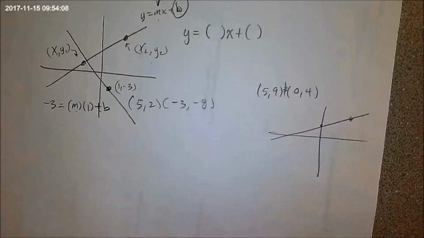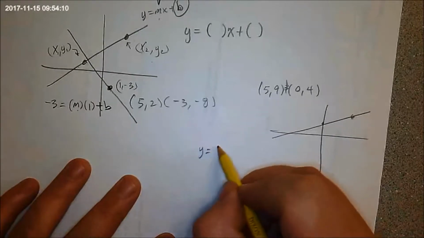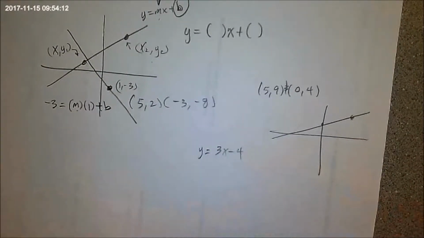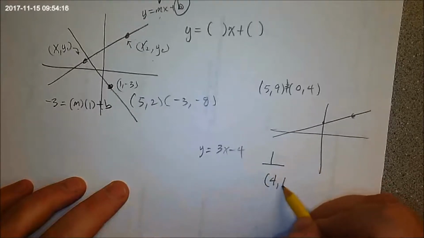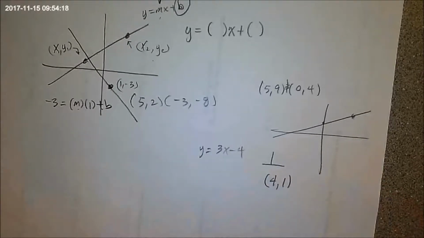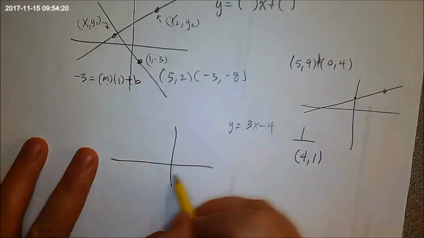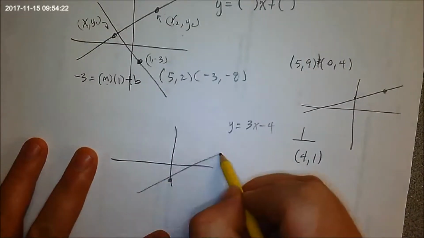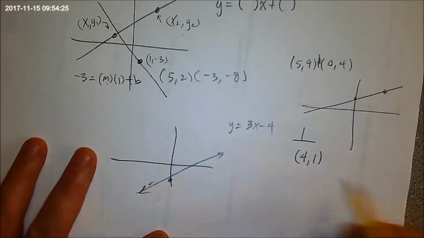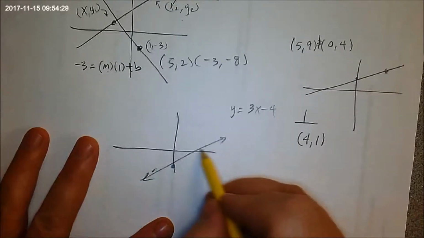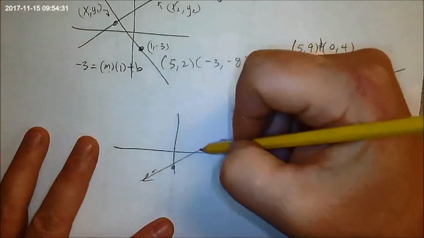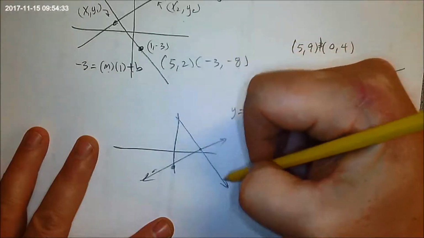But if they give you a line like y equals 3x minus 4, and they ask you for the line that's perpendicular and goes through the point 4, 1, for example, right? That means, let's see, 3x minus 4 might look something kind of like this, okay? That means they're asking you for the line that's perpendicular and goes through here. 4, 1 might be like over here or something. I don't even know. And perpendicular would look like that.